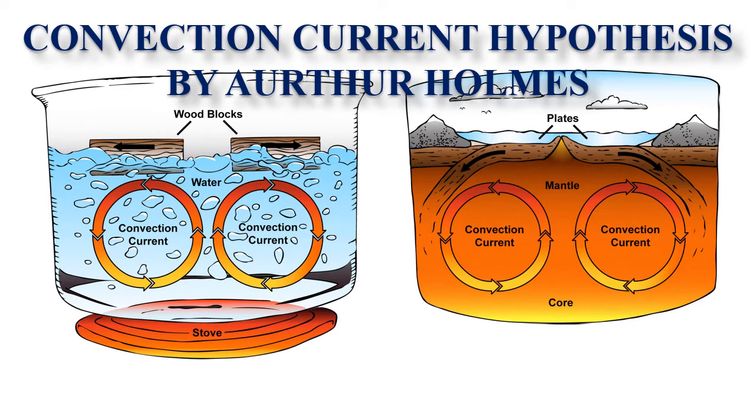So now let's study the convection current hypothesis by Arthur Holmes. Arthur Holmes postulated convection current theory in the years 1928 and 29. It was a widely accepted driving mechanism for continental drift, which led to the foundation of modern plate tectonics.